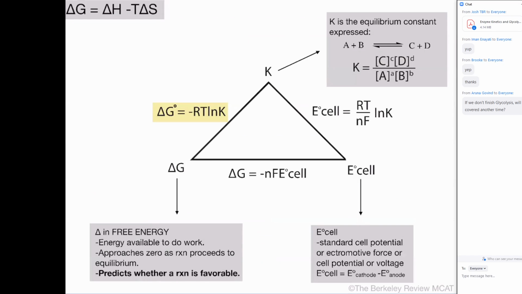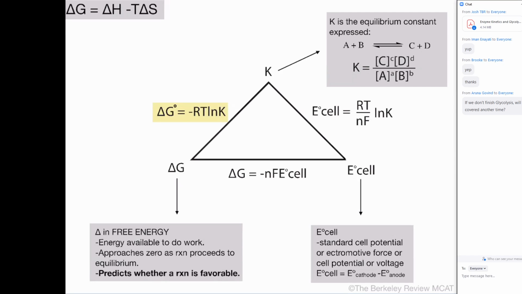Okay. So let's take a look at this here. This is a triangle, and I'm not sure if you guys have seen this before ever, but it's pretty cool. This is a triangle relating how free energy is related to the standard cell potential, E cell, right? And how it's also related to equilibrium, the equilibrium constant expressed as K. Okay.